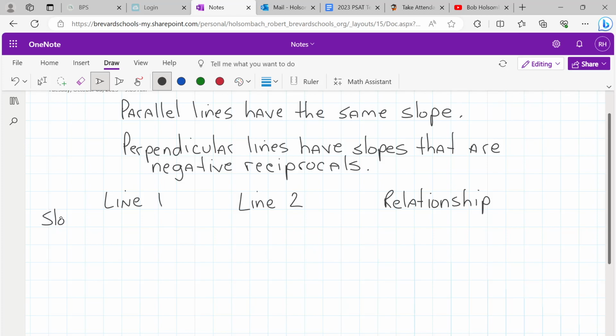And right here is going to be the slope. So what we're listing here is the slope of the line. The slope of line 1, let's say it has a slope of 1/2. And then line 2 has a slope of 1/2. What is the relationship between those two lines? They're parallel. Good.